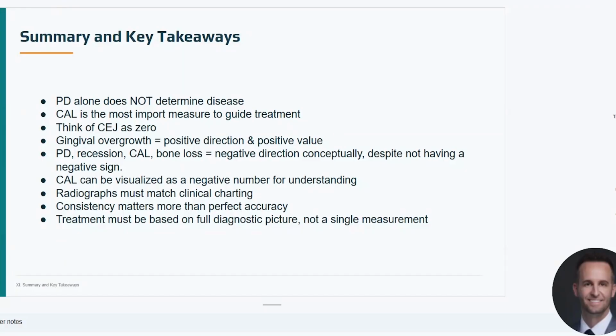Because when you see this patient back in 6 months, if you're not consistent measuring the same way every time, then you're not going to be able to see if there's any improvement. But if you are consistent, you'll see that it went from a 4 to a 3, or a 4 to a 2, or a 6 to a 4, because you were being consistent and precise with your measurements. And finally, the treatment must be based on a full diagnostic picture, not a single measurement.